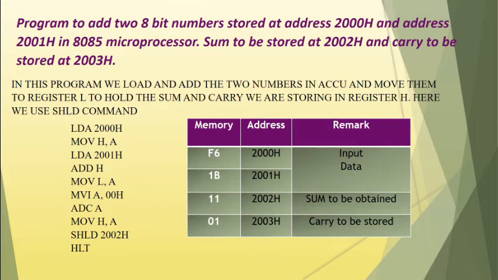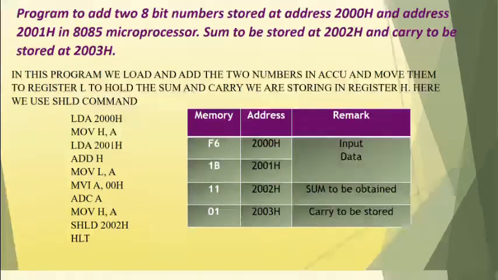L contains the sum, and it will load the contents of H into the next memory location, that is 2003, which contains the carry. And with this we can avoid those redundant instructions which we have used in the earlier slide.